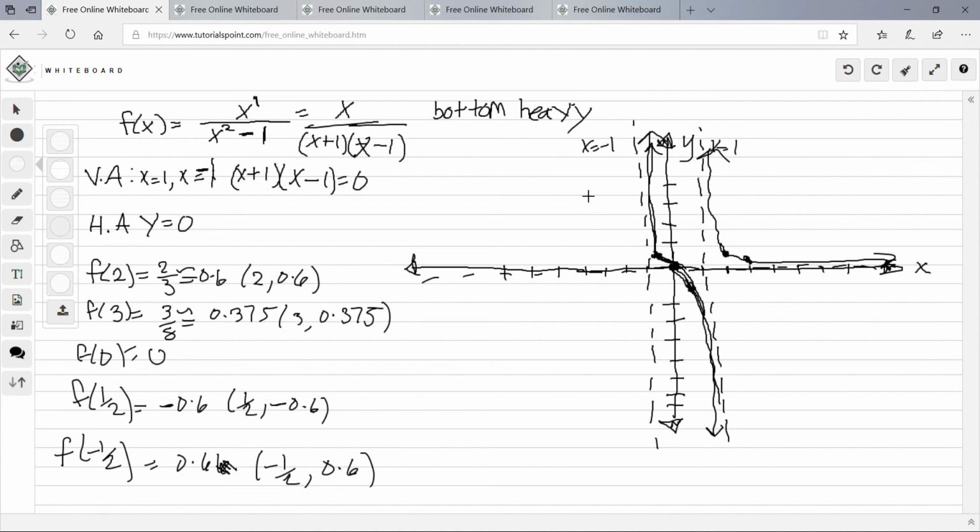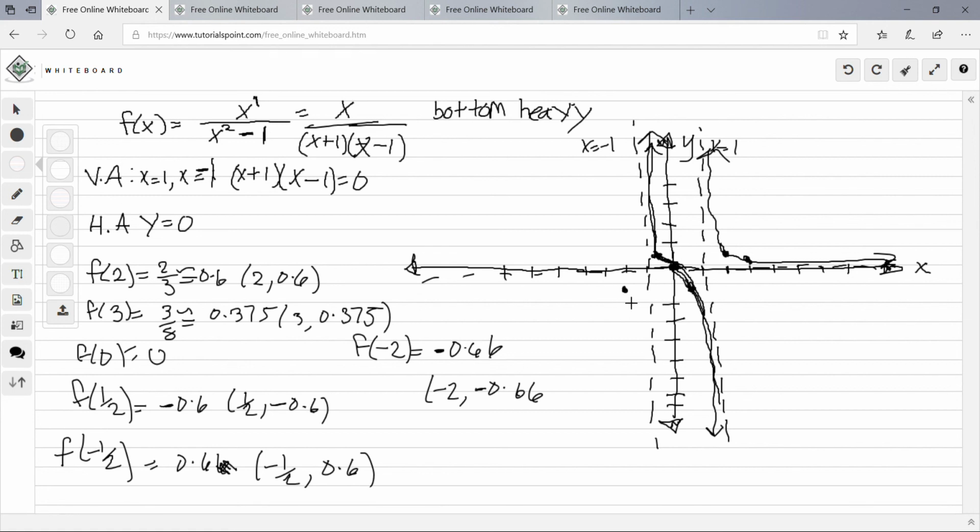Now let's figure out what it's going to look like on the left side. For the left side, I will just use negative 2. If you look at negative 2, you get negative 2/3, which is negative 0.66. So that point is going to be (-2, -0.66). Here's negative 2, negative 0.66 is about right here.